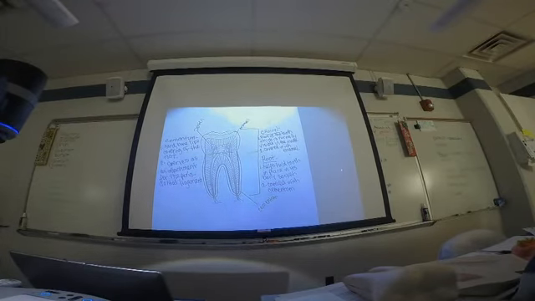So as a review, who can raise their hand and tell me what makes up the main structure of a tooth? Dentin. And can you tell me, Sarah, what covers the root? Cementum. Good job. Can you tell me, Josh, what covers the crown? Enamel.